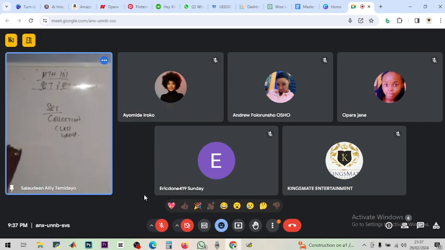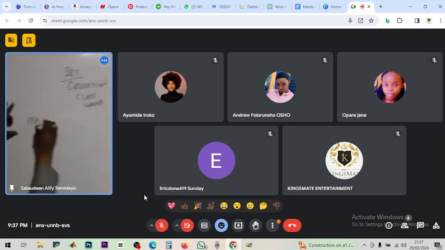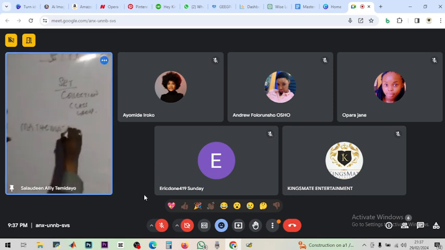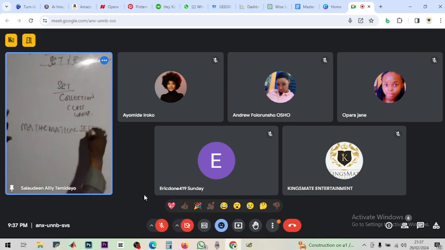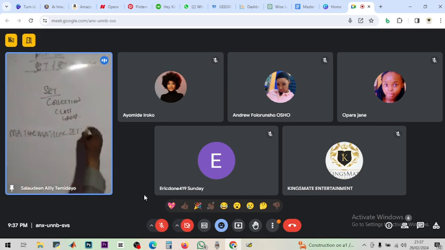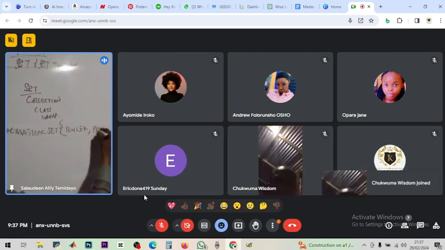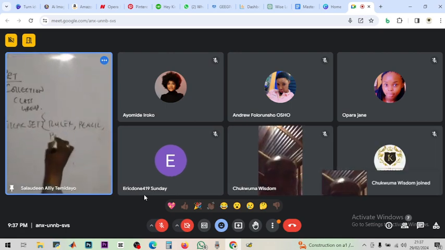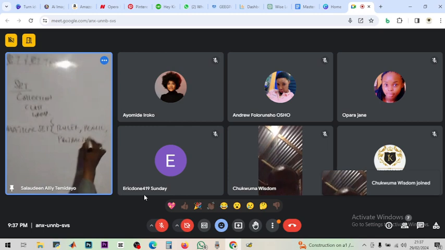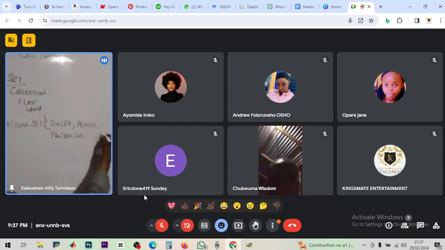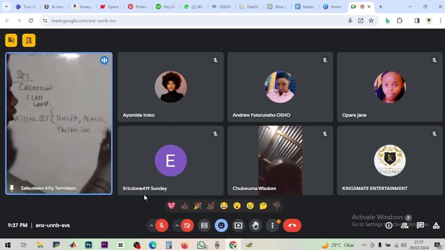The mathematical set consists of the ruler, the pencil, the protractor, and the eraser.